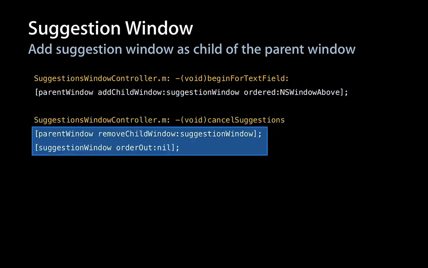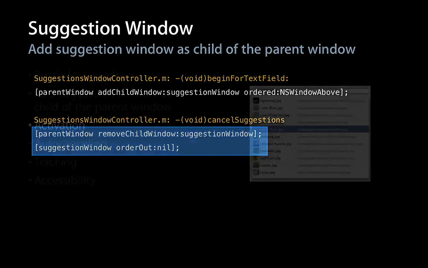And whenever the suggestions window is dismissed, and we do that in our cancel suggestions method inside suggestions window controller.m in the sample code, the trick is to remove your child window from the parent before ordering out the child window. And our child window here is our suggestions window. If you order out a child window, it will automatically order out its parent window, and that's what was going wrong in that demo. So make sure you remove your parent-child relationship, then order out your child window.